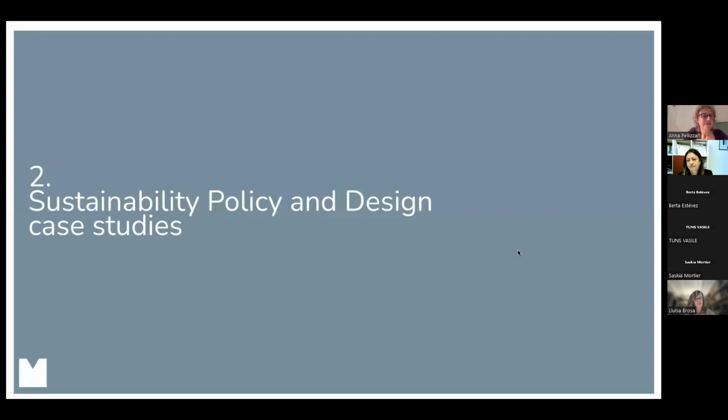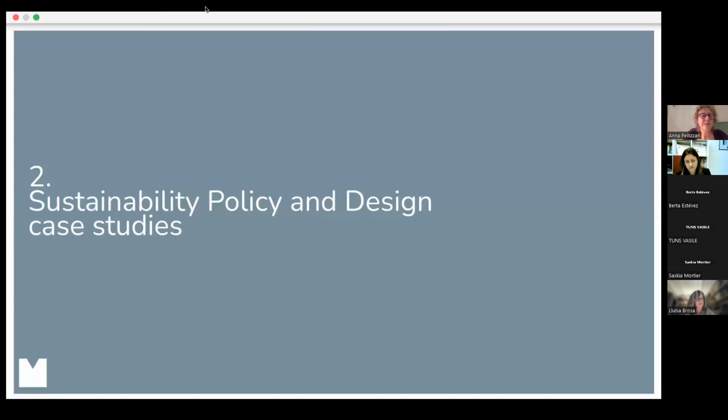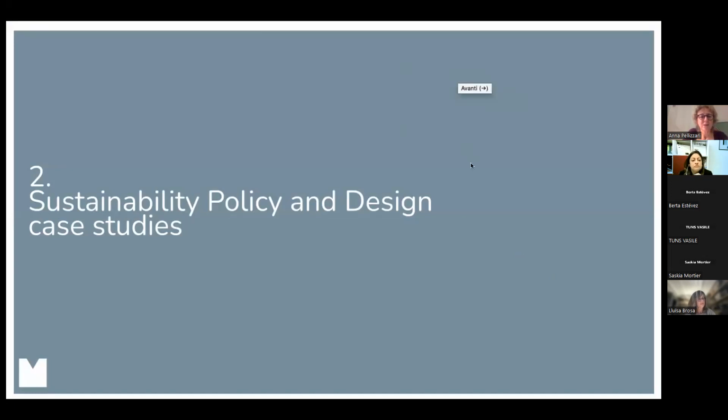So the second group is that of sustainability policies, told via some design case studies.